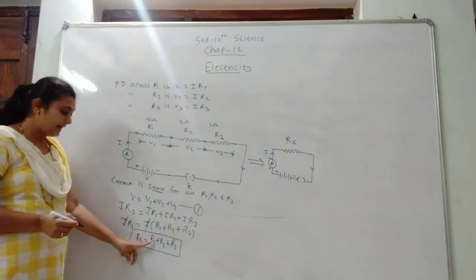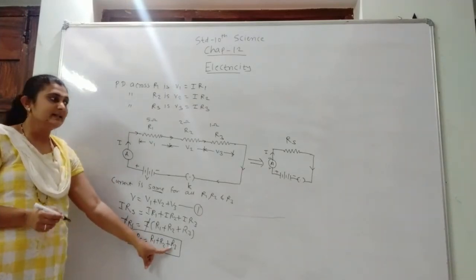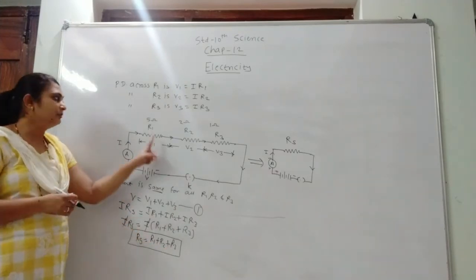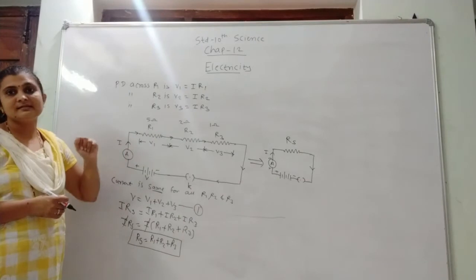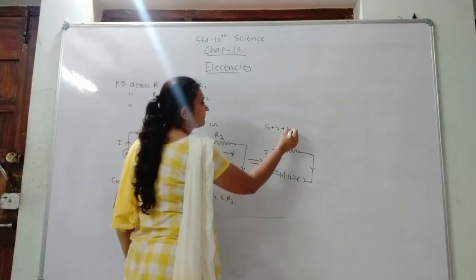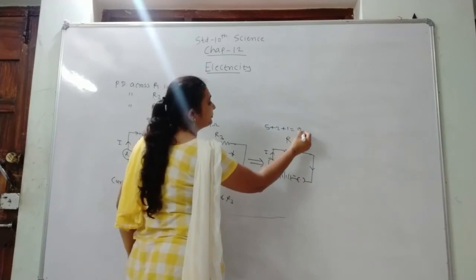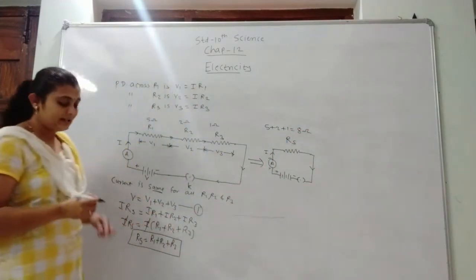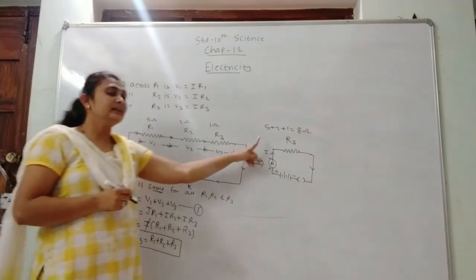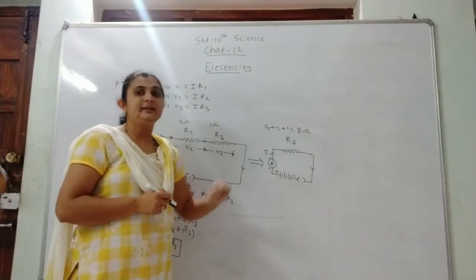RS is equal to R1 plus R2 plus R3. Then we have to take a resistor which has value 5 plus 2 plus 1 is equal to 8 ohm. Correct? Means in place of these 3 resistors, we have to use only one resistor of value 8 ohm.